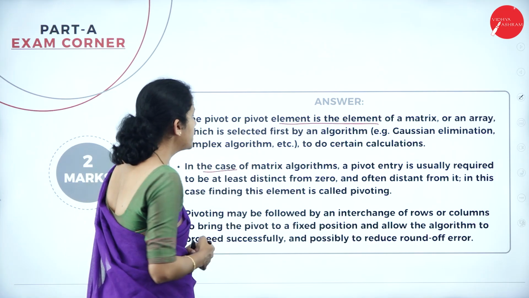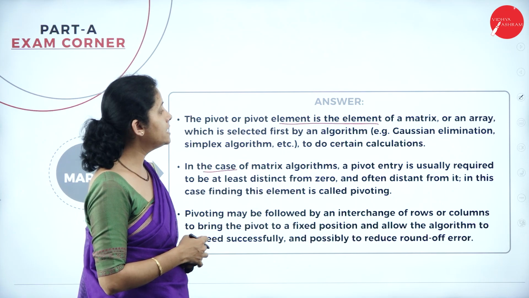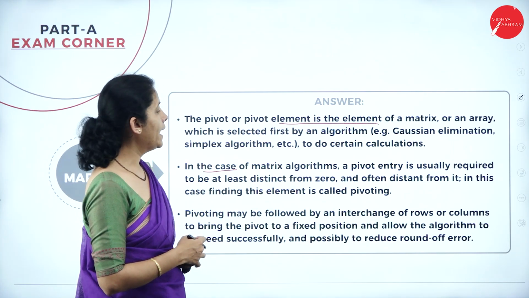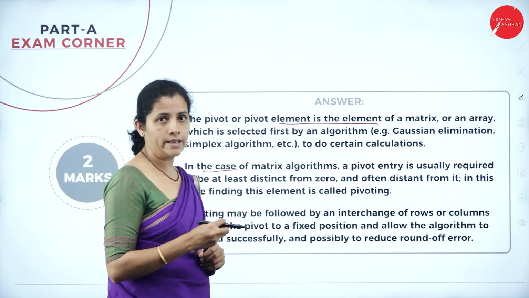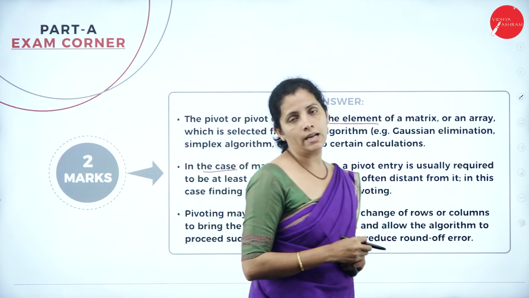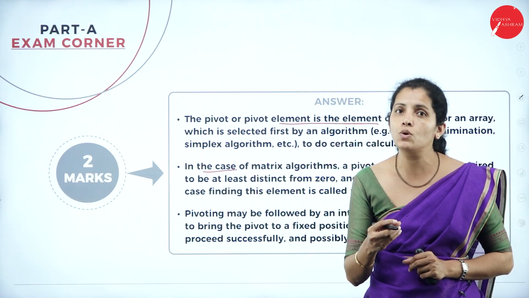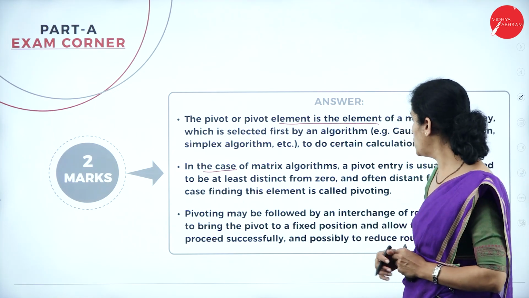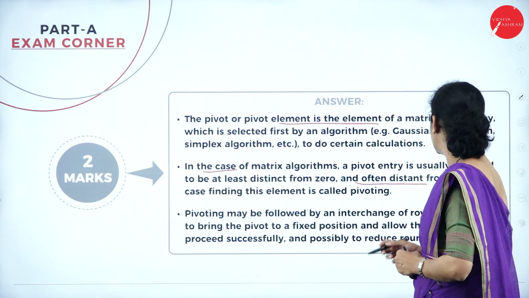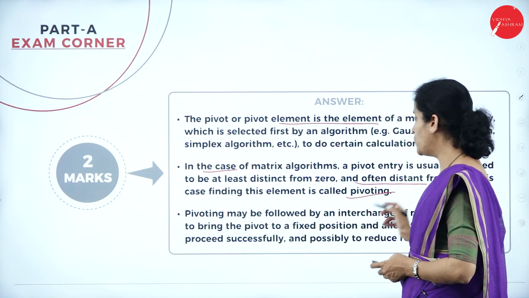In the case of matrix algorithms, the pivot entry is usually required to be distinct from 0. In the sense, whatever pivot element I am going to select, that must be distinct from 0. In that case, it is called pivoting.